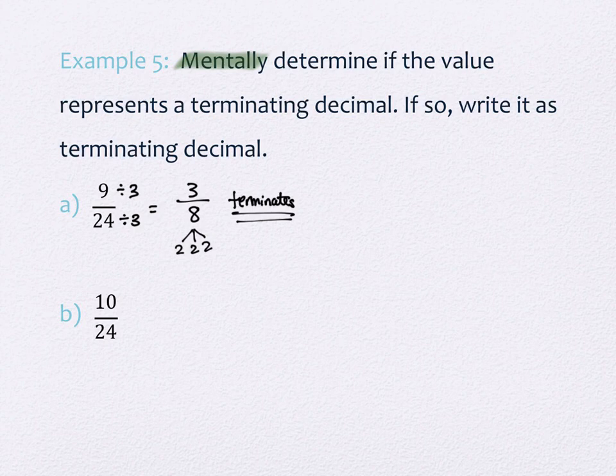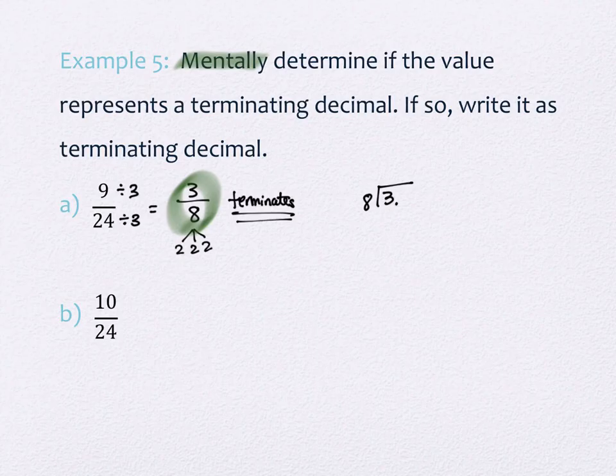Now, you can, if you really want, go back to the 9 and the 24. But you're doing more work than is necessary because the numbers are bigger than they need to be. It's perfectly reasonable, because this one's equivalent to it, to do 3 and 8 and do the division that way. So you're going to do 3 divided by 8. And yes, you're really going to divide it.